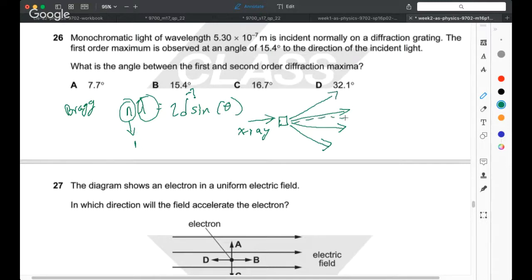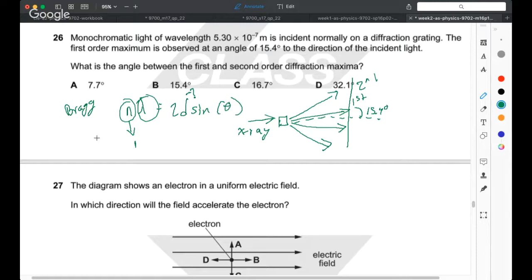And you put this in the middle, so that this angle that is mentioned, the 15.4 degrees, is called the first order. The other one is called the second order. In theory, you put here just a line. The distance from here to here is the same as from this to this.